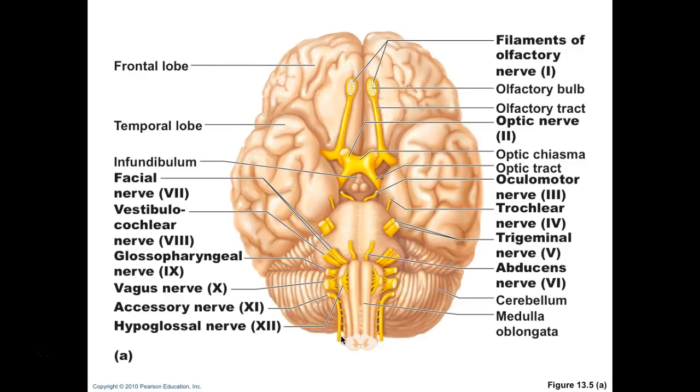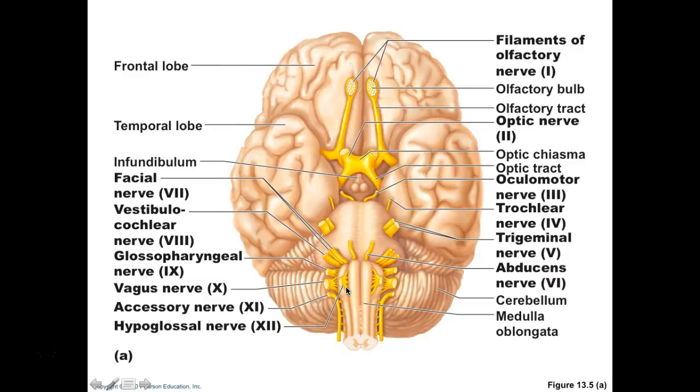And so what it does is it originates there, and then it re-enters through the foramen magnum back up here, and then exits out the jugular foramen to go and supply, and this is its function, the sternocleidomastoid muscle as well as the trapezius.